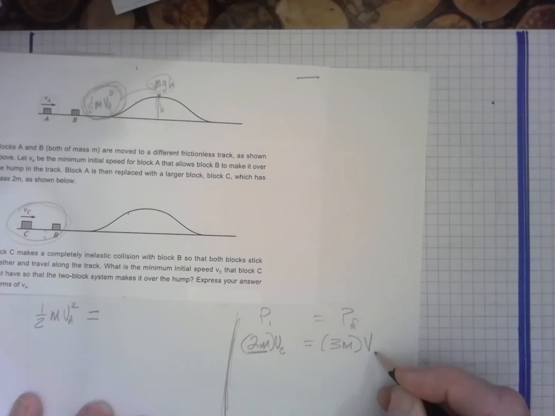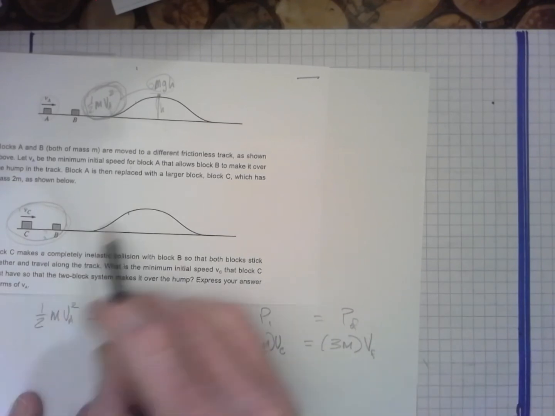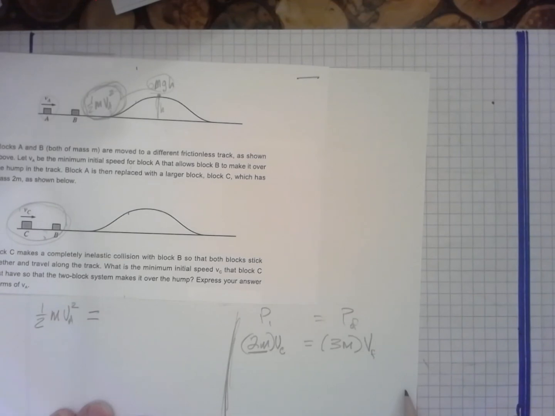I'm going to call that V final, how fast the whole system's going. I want this velocity and mass, but I need it ultimately in terms of VA. The m's are going to go away. 2VC equals 3V final.